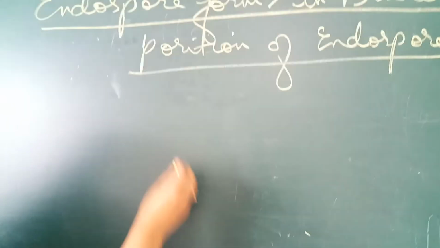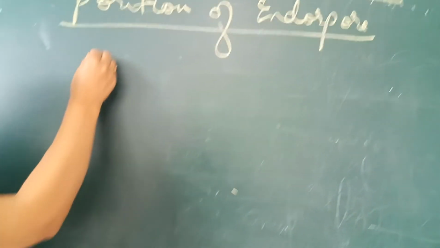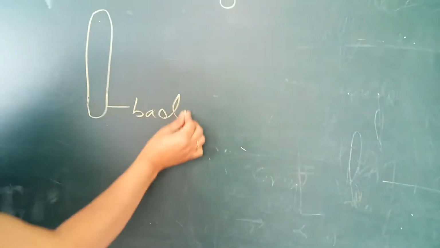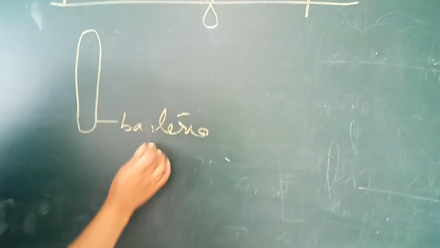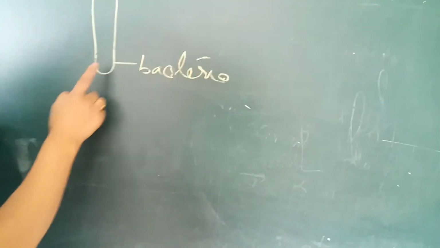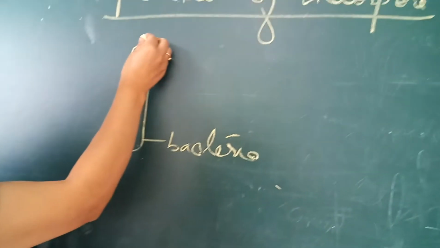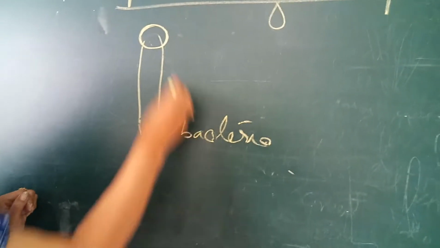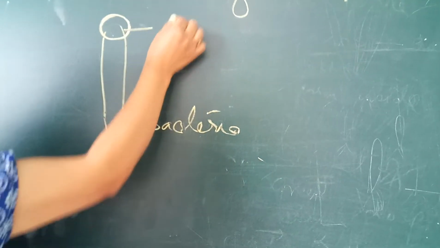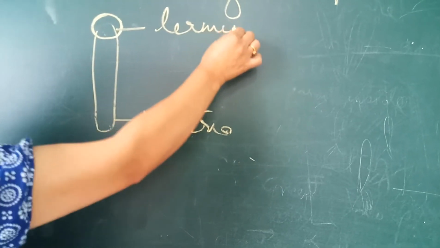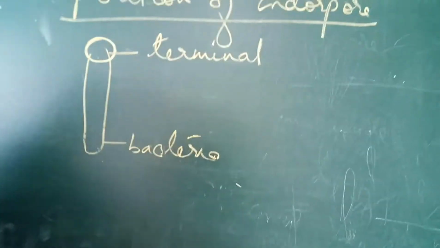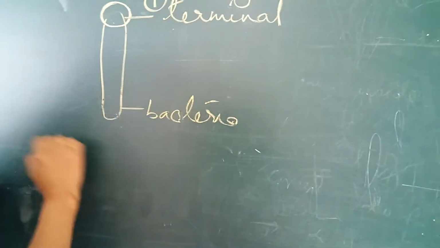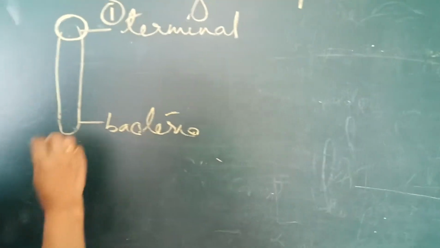Based on their position, for example, if this is a bacteria, and the endospore is formed here at the tip, then this endospore is called terminal. It is called terminal because it is formed at the tip of the bacterial cell.